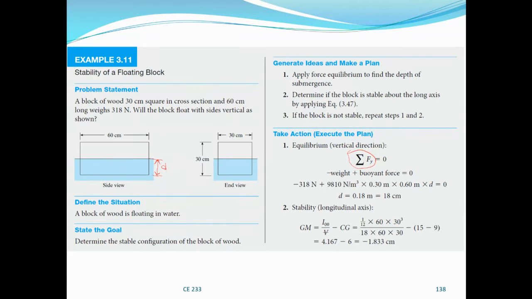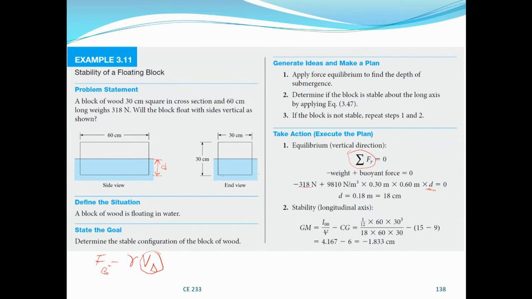From here we have the weight and the buoyant force, which is simply the specific weight times the volume of the submerged block. The volume of the submerged block is D times the length times the width, which is 30.